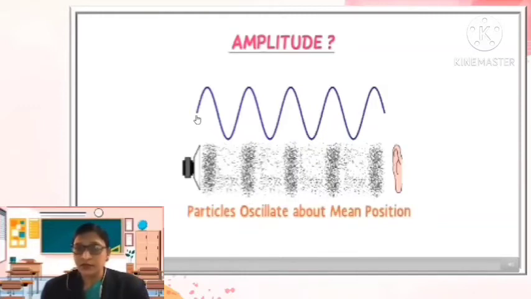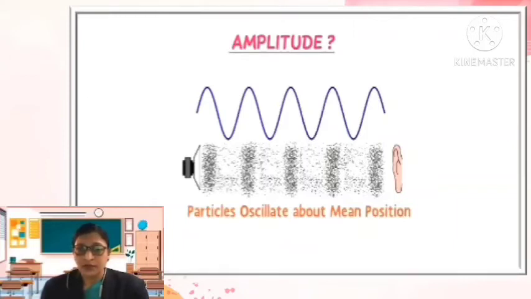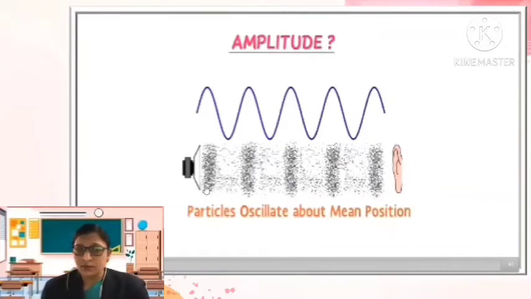You can see this is the mean position and the wave got created due to the maximum up and maximum down movement from its mean position. Here, this is the maximum position of compression and the maximum displacement of medium particles in the rarefaction.